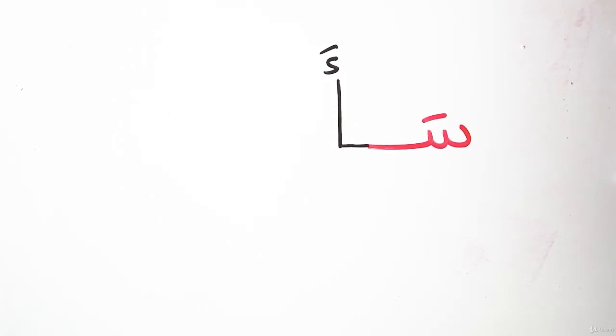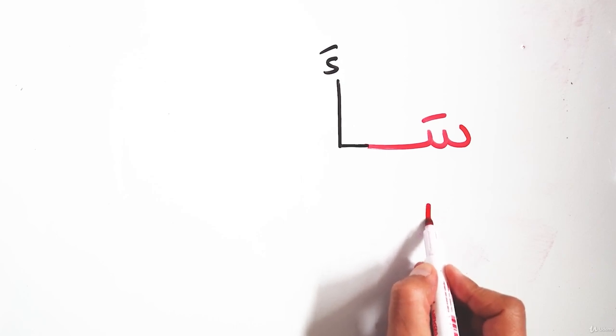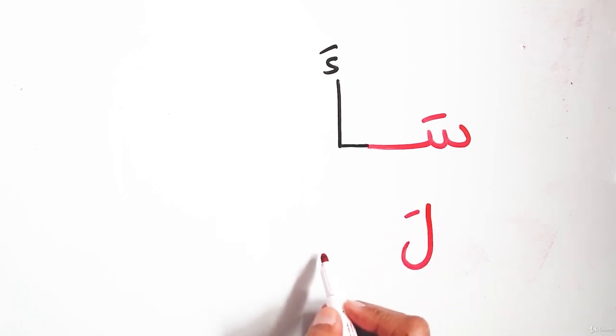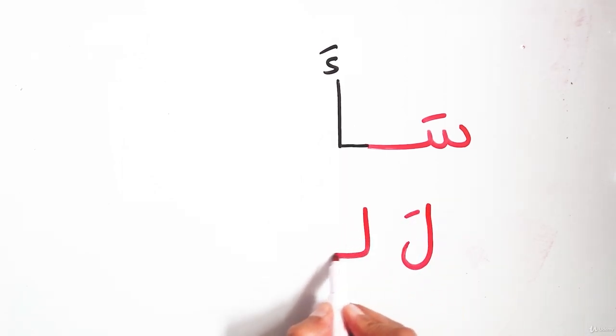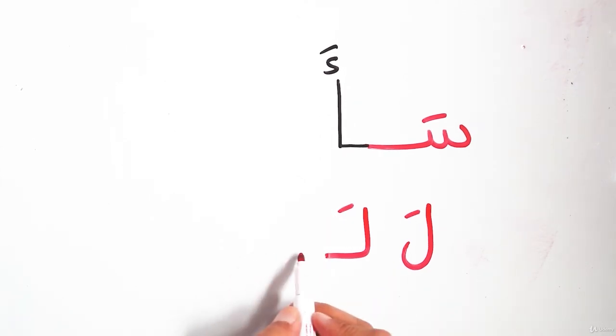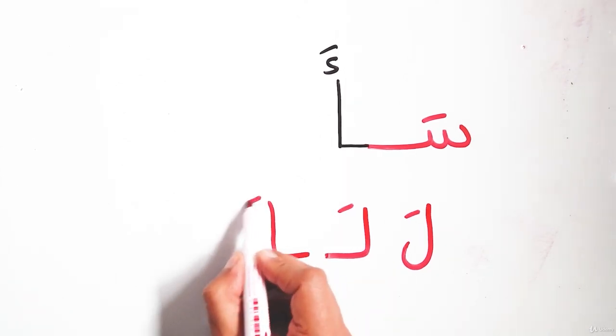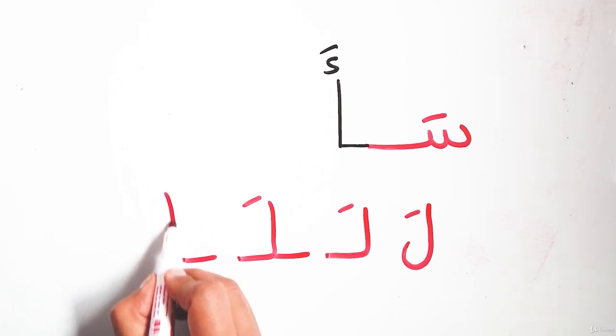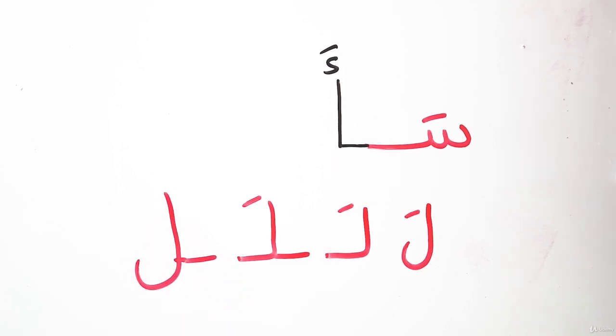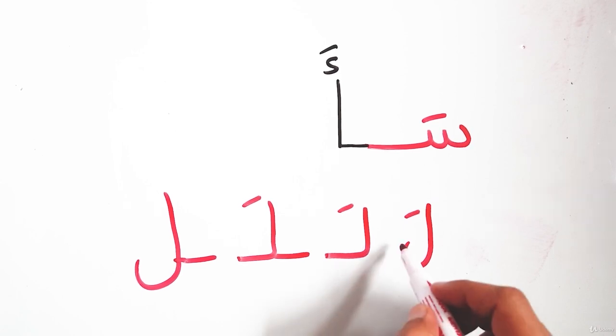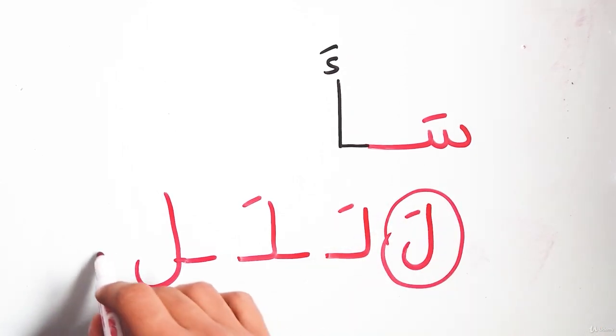Sa'ala, le. Do you remember la? We have this la, this la, this one, and this one. Now we need to select la at the end of the word, so it is this one or this one.